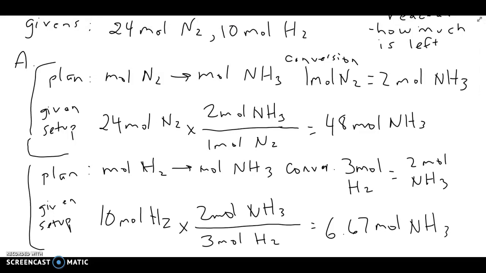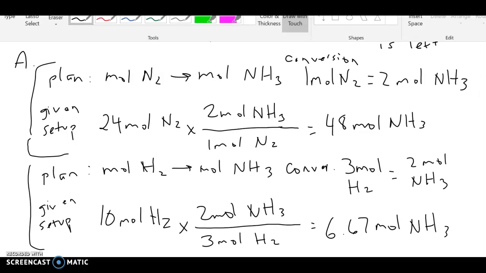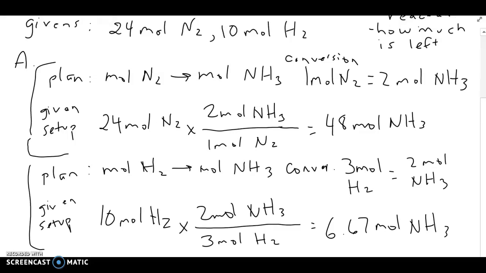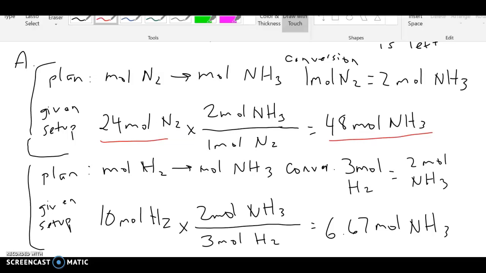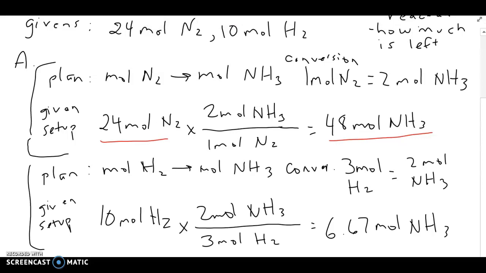So of both of these values that are possible, our nitrogen makes 48 moles of product possible, and our hydrogen makes 6.67 moles of ammonia possible.